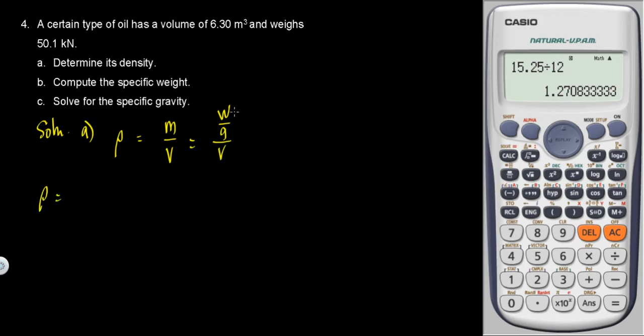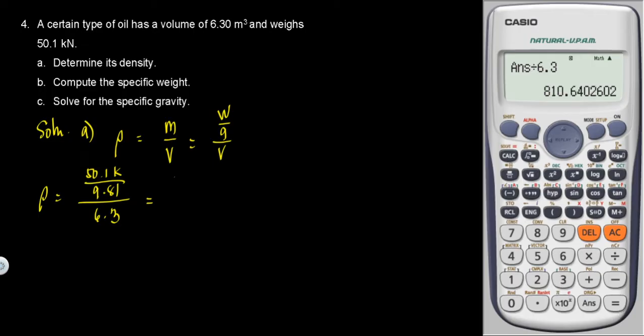Rho equals weight, 50.1 kilonewton, over 9.81 meter per second square, over the volume of 6.3. So rho is equal to 50.1 divided by 9.81, then divided again by 6.3.